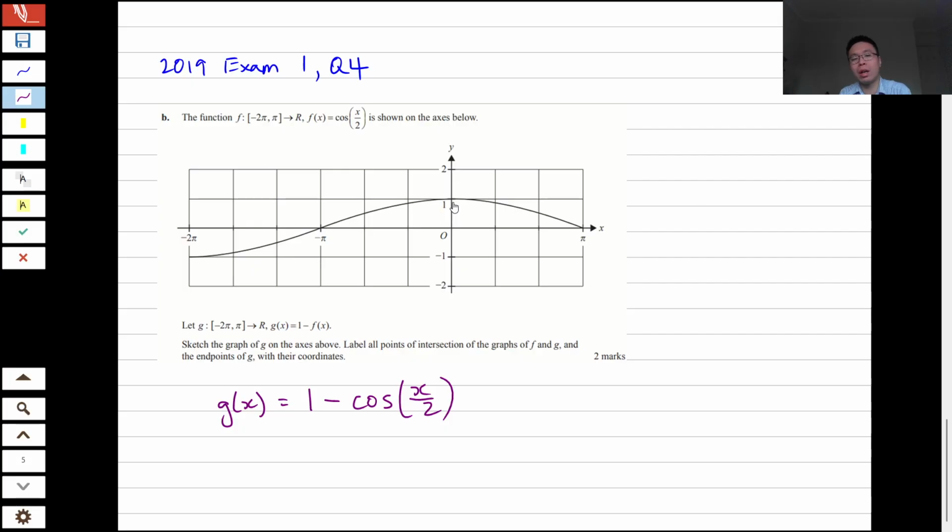So there are 2 approaches to this. One approach is to just sketch this graph without really considering the graph above. But I actually think here it's better to use the fact that we have this graph because we can use addition of ordinates. This is a technique where we have the y values of 2 graphs and we simply add them together to get the graph.